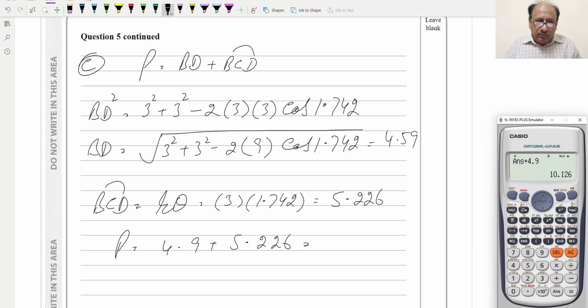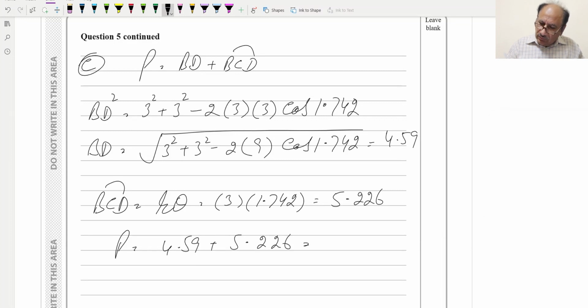Let us check the calculation again. It should not be 4.9, it should be 4.59 basically.